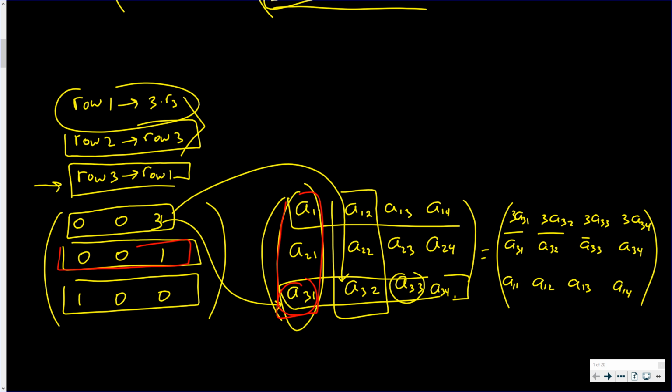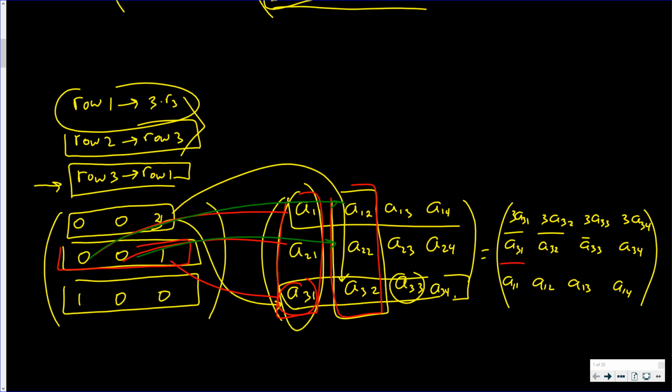And when I dot it with the second column, I'm going to get 0 plus 0 plus A32. Exactly what I wanted. The third column, 0 times A13 plus 0 times A23 plus 1 times A33. Same thing for the fourth column.